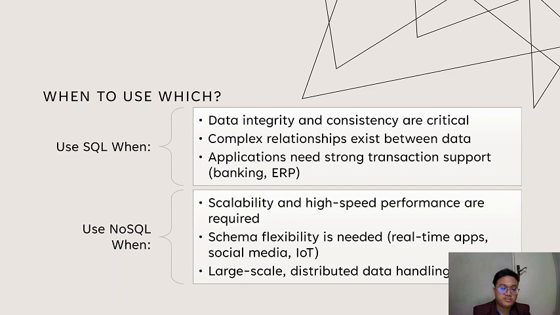However, we can use NoSQL when scalability and high-speed performance are required, or when schema flexibility is needed, such as for real-time applications, social media, or IoT, or when we need large-scale distributed data handling.